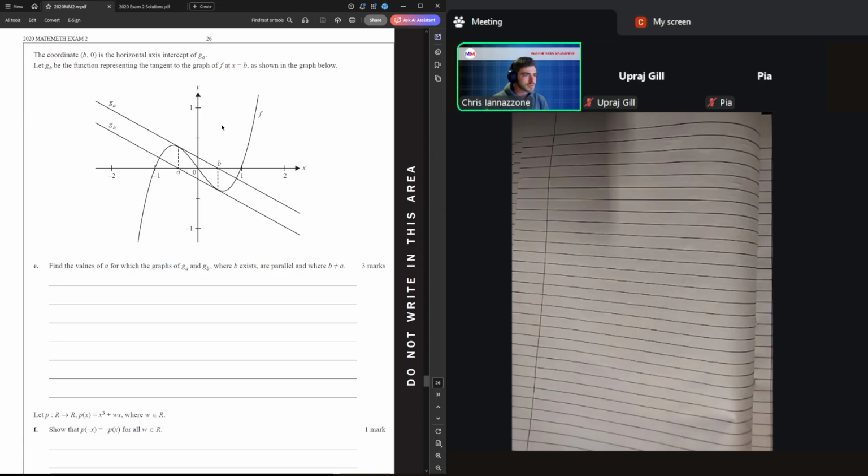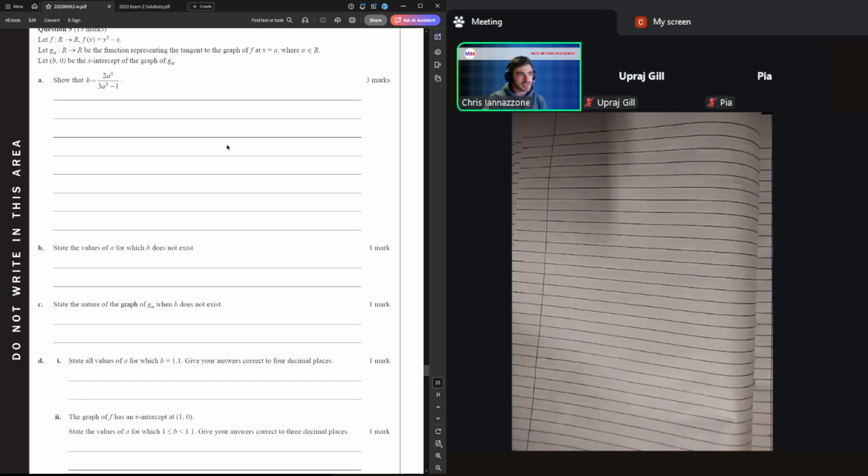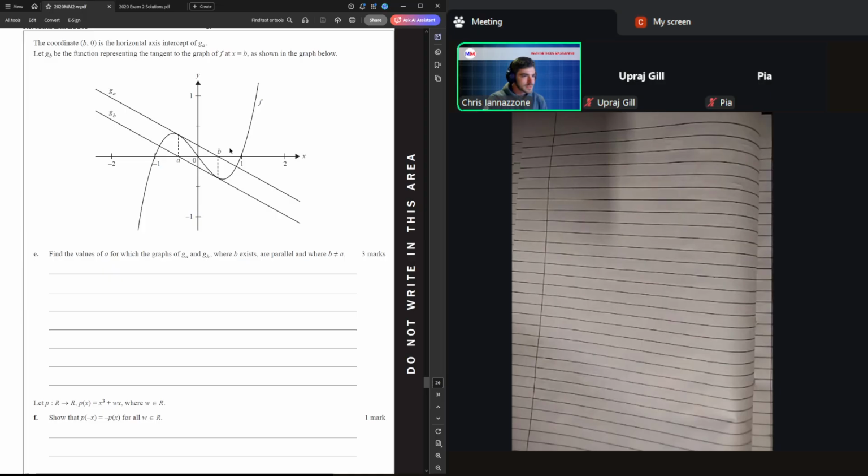The good news is whether it's a or b doesn't really matter, because if you think about the initial premise of the starting question, x equals a just meant some point on the graph. So x equals a could have been wherever. They've got it here to show you a picture.